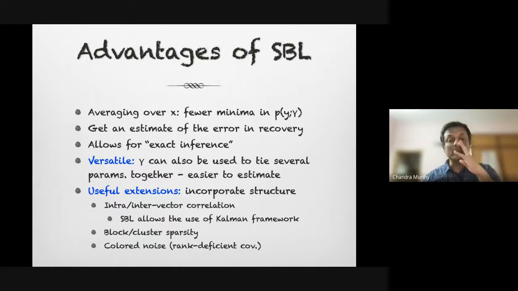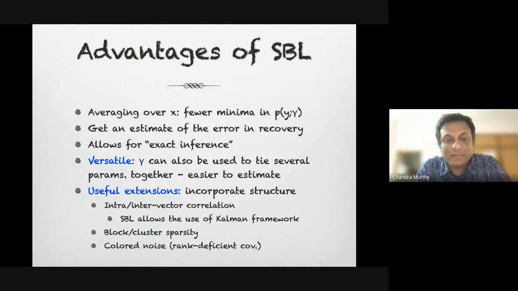It's also, it turns out, a very versatile approach, because you can use this gamma to tie several parameters together. For example, it can be used to incorporate additional structure like intra or intervector correlation, and block sparsity or cluster sparsity. So block and cluster sparsity refers to sparsity models where the non-zero entries in the vector X occur in clusters.